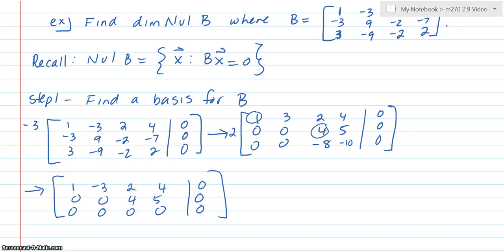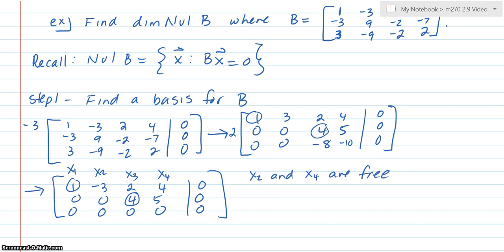If you remember, the dimension of the null space has to do with the free variables. So here's a pivot and here's a pivot. If we call these x1, x2, and so forth, we see that x2 and x4 are free.